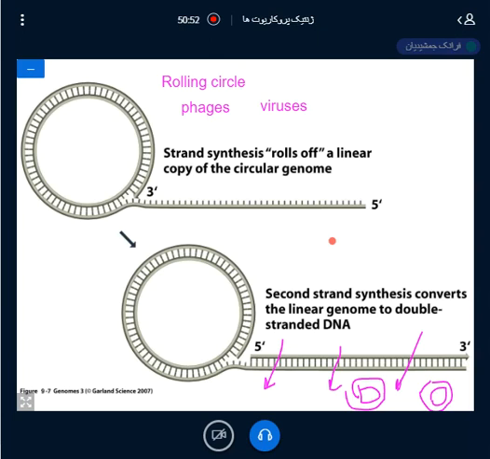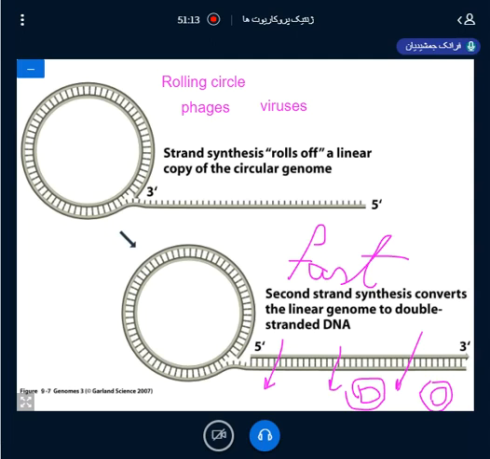Fast. Yes. It is very fast, I told you. This kind of replication is so fast because the viruses should replicate very fast.